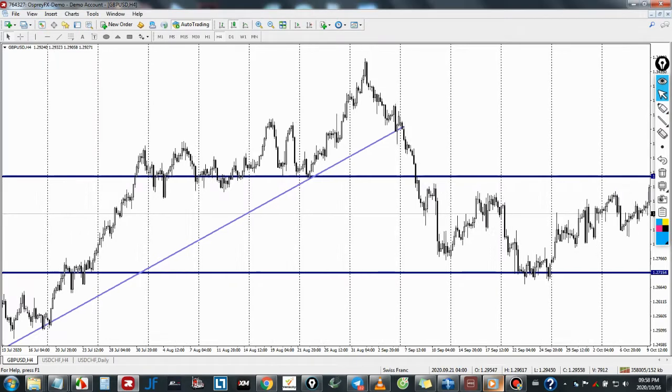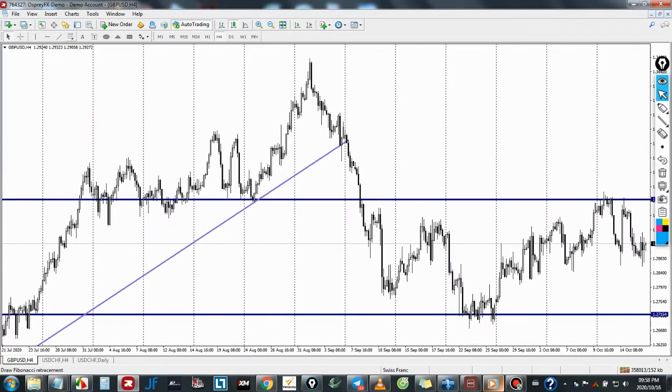So in that case, that didn't happen. Instead, the market decided that it's gonna break this previous low aggressively and create a lower high, and then a lower low.